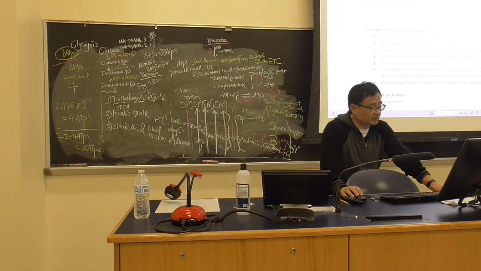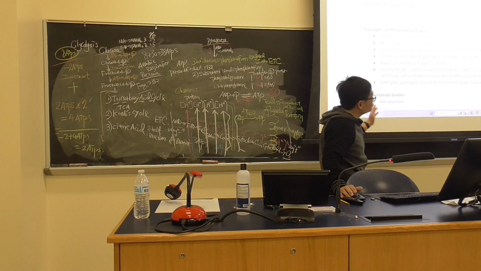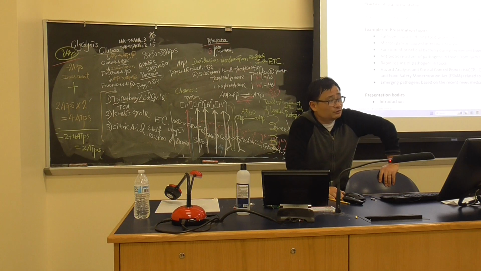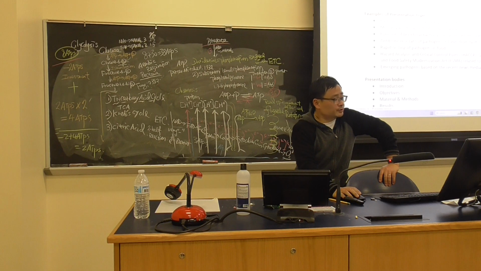You can talk about antibiotic resistance or rapid testing of pathogens. And then talk a little bit about regulation, like HACCP, GAP, FSMA. We will introduce these in the next couple of classes. You could also talk about emerging pathogens, like COVID-19, which is emerging in the recent news media, okay? So these are the topics, but you can pick anything you feel comfortable with or like.